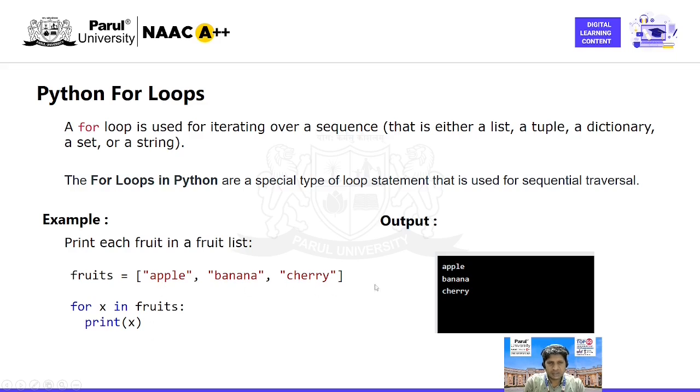All three fruits are in a list, and for x in fruits means x is a variable which takes the elements from the list one by one, and print x prints the value of x one by one.